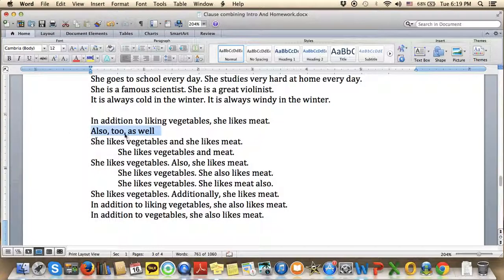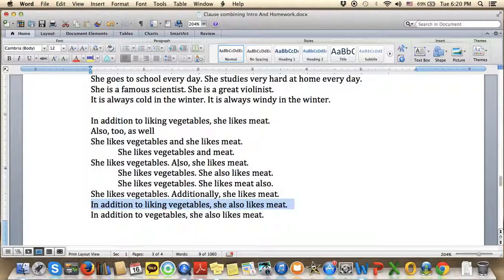These adverbs can be used together with adverbs like in addition to or additionally. We can use them both together and they don't conflict with one another. So we can say things like, in addition to liking vegetables, she also likes meat.